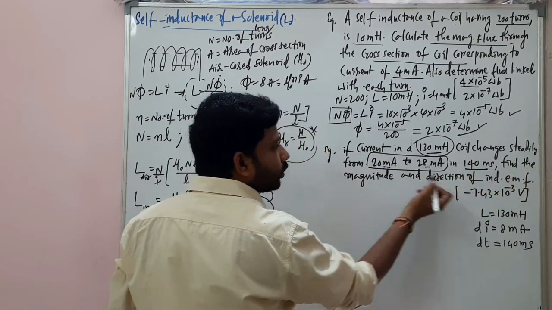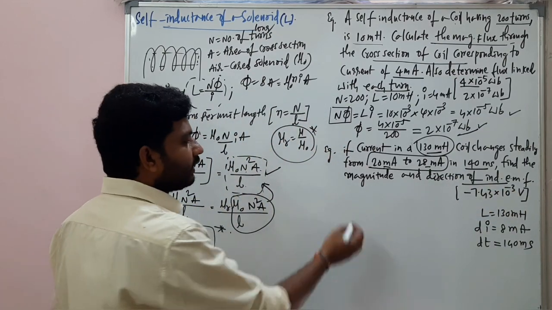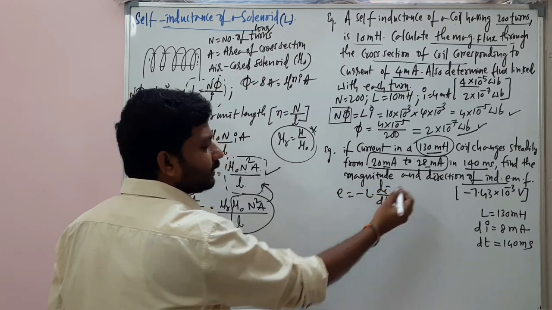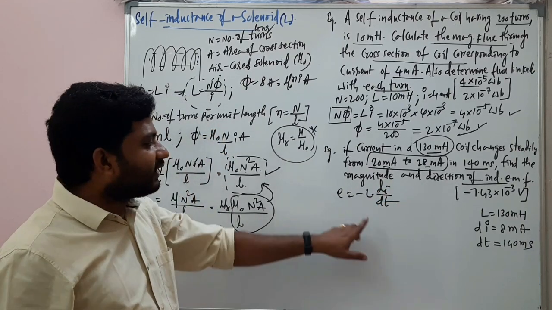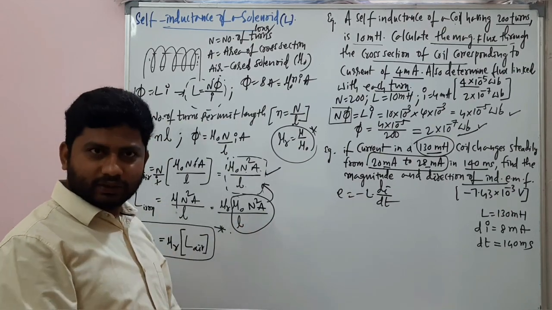Find the magnitude and direction of the induced EMF. So simple, right? Induced EMF is equal to minus L into di by dt. If you want to find the direction, you need to keep the negative sign. If they ask only magnitude, just the magnitude.